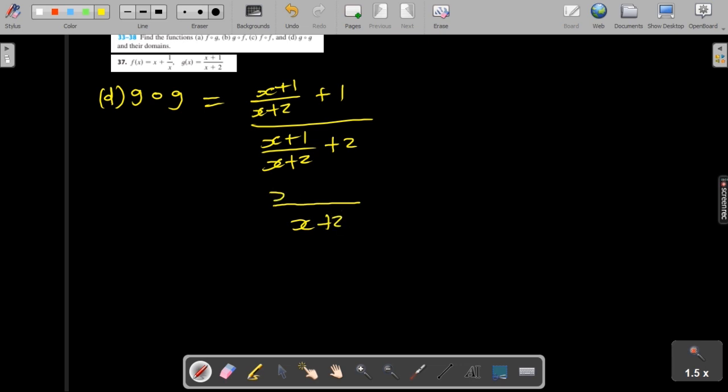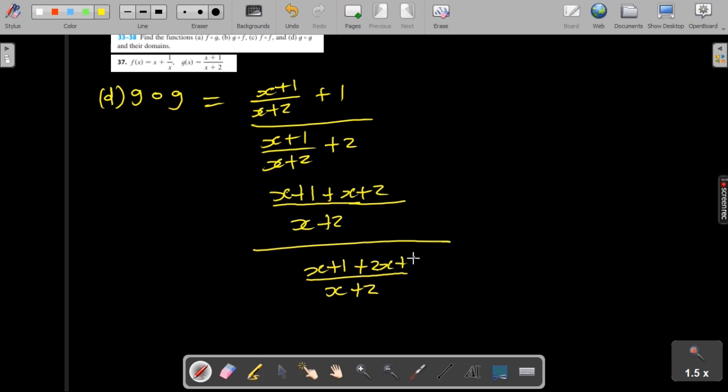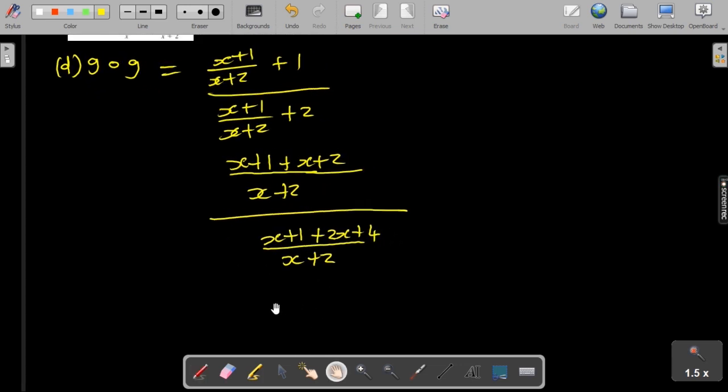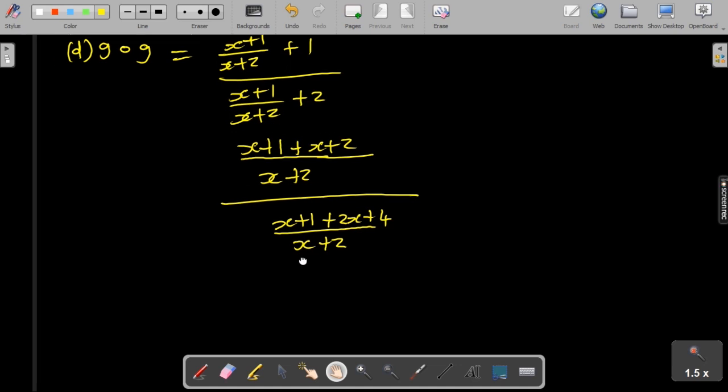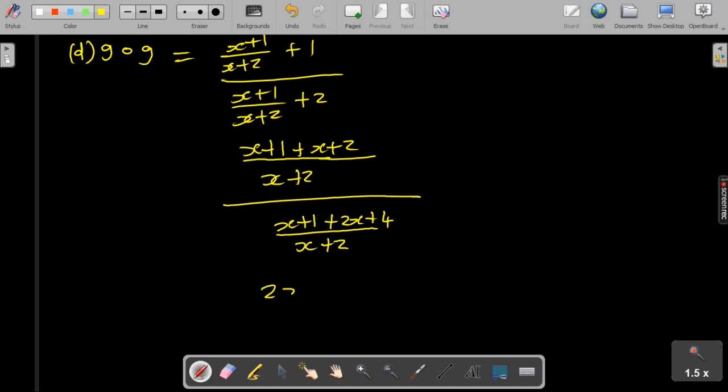So we have x plus 2 at the top, we're going to have x plus 1, then x plus 2. And at the bottom, we're going to have a similar thing. We're going to have x plus 2, then we're going to have x plus 1 plus 2x plus 4. Okay, at this stage, we can now add the stuff at the top. So it'll give us 2x plus 3 over x plus 2.